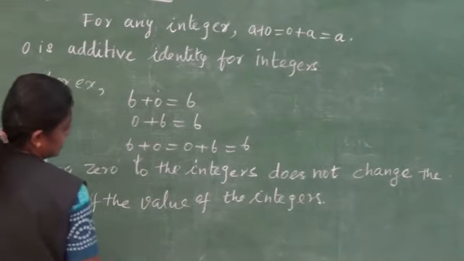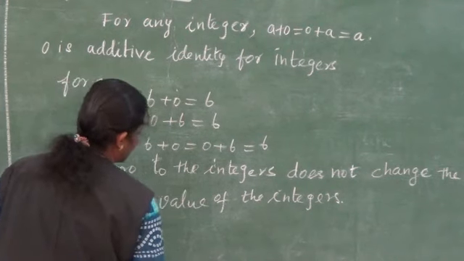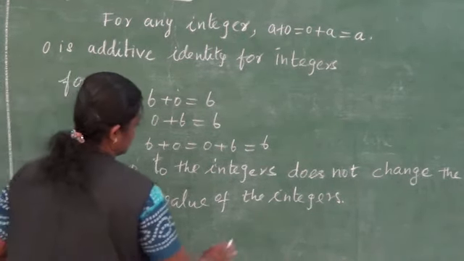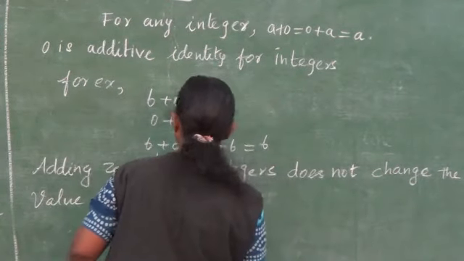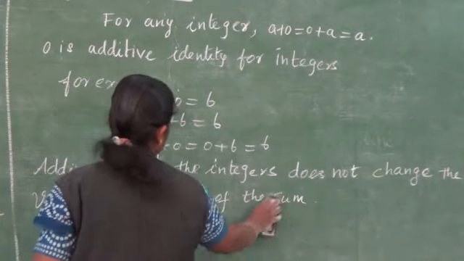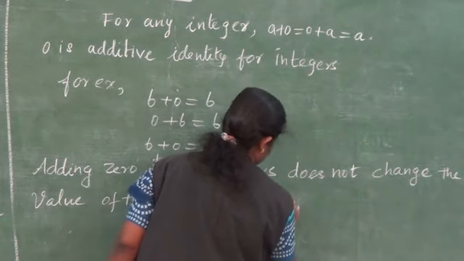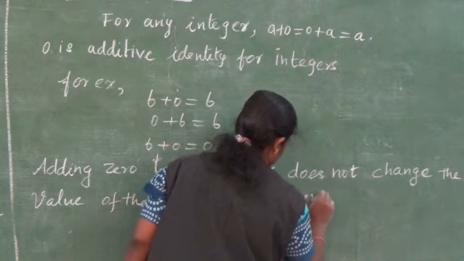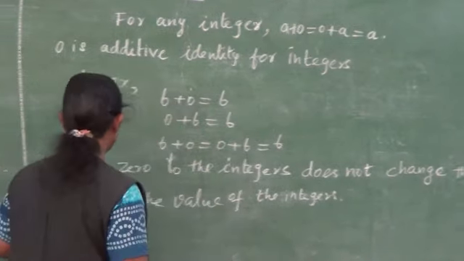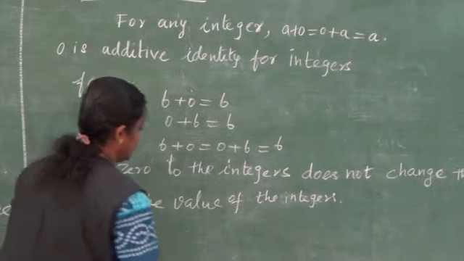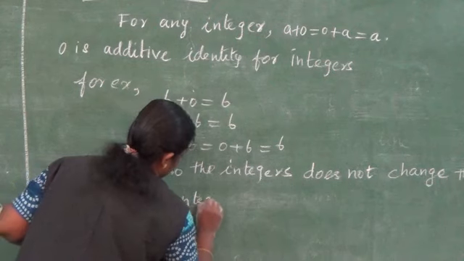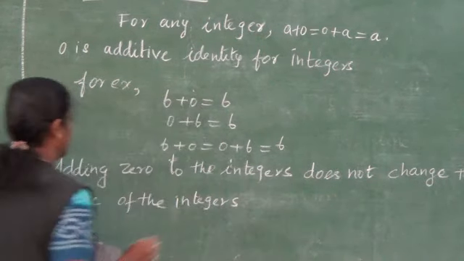Adding 0 to the integer does not change the value of the integers. Sorry, does not change the value of the sum. Adding 0 to the integers does not change the value of the integers.